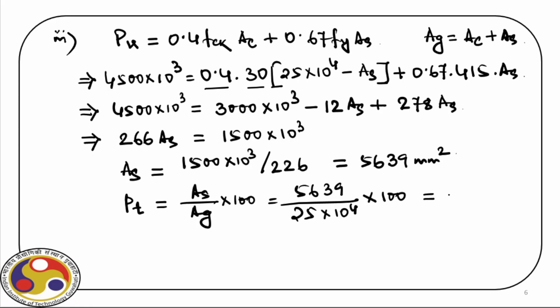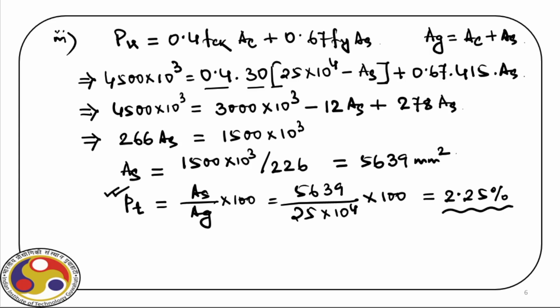And this is 2.25%. So you can see it is more than the minimum steel requirement, that is 0.8% if you recall, and it is less than the maximum allowable steel in column, which is originally 6% in codal provisions, but we do not recommend more than 4%. So it satisfies that criteria. So the percentage of steel is okay.